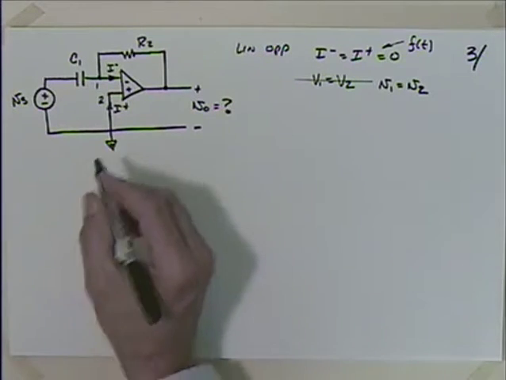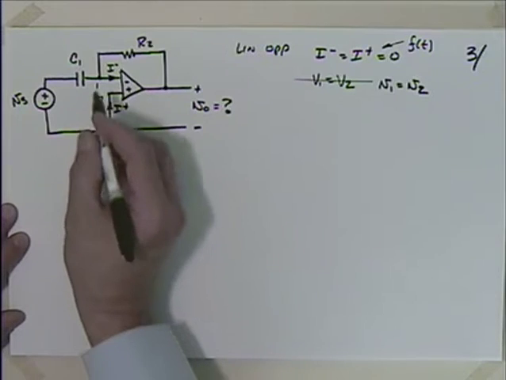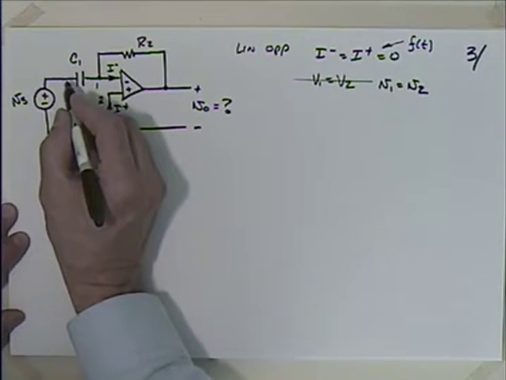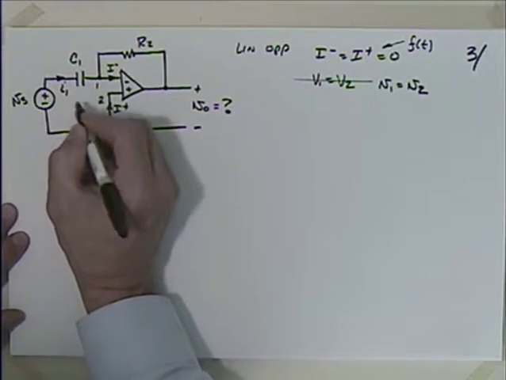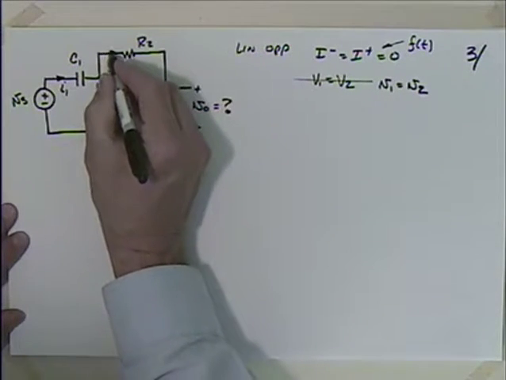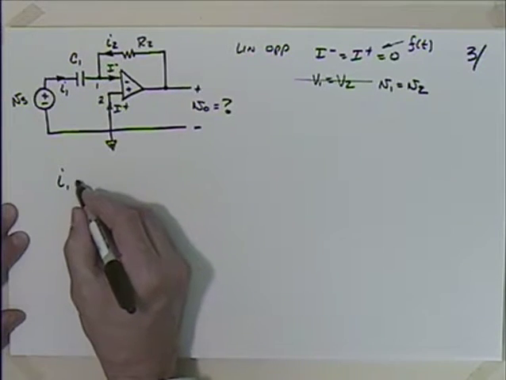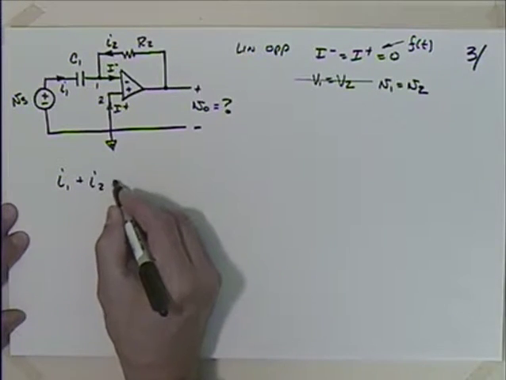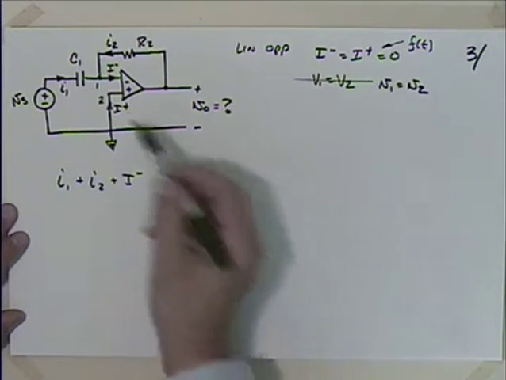So with that, we're going to tackle this problem exactly the way that we have always done problems in the past. I'm going to look at some currents. I could talk about I1 here, and I2 there, and I could say that I1 plus I2 plus I minus, those are going in.